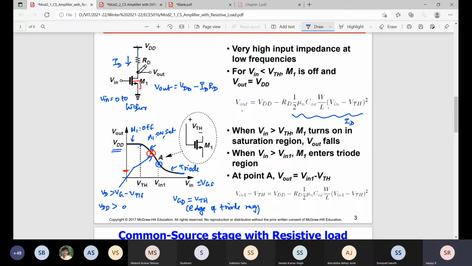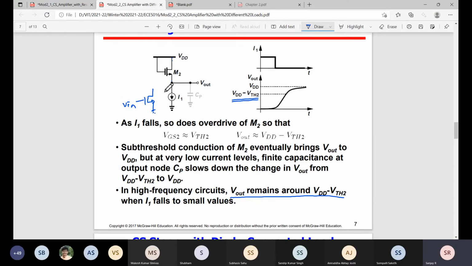When you take the diode connected load, when the current becomes low, the VGS2 of the M2 transistor first comes to the threshold voltage, then VGS2 will decrease, and only then will the current become low. So at the edge of the on or off condition, VGS equals VTH. After that, VGS will decrease.